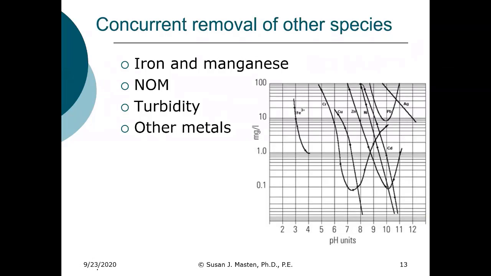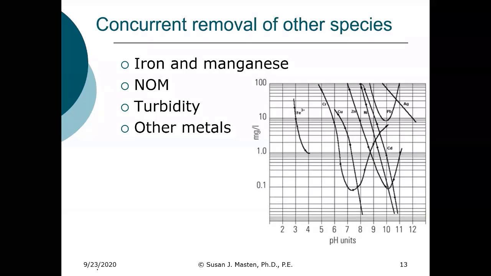So we can also achieve removal, as I mentioned, of other species. So we can remove iron and manganese. And it's interesting with MSU. MSU has softening, as I mentioned, as point of entry systems in a number of the residence halls.